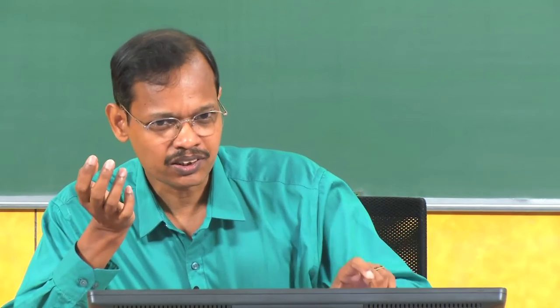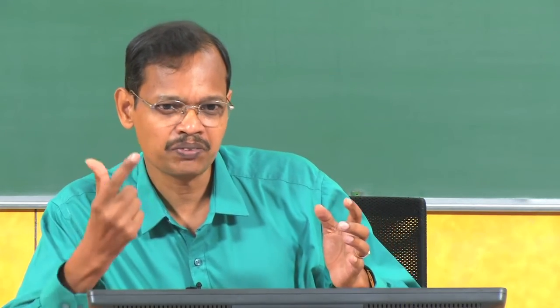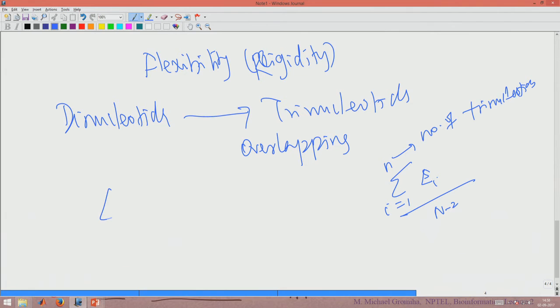You get the DNA sequence and then see the various parameters, for example rigidity or flexibility, and how this varies with respect to the DNA sequence, and we have the delta G values, that is the free energy of binding, and compare this delta G with the known values.